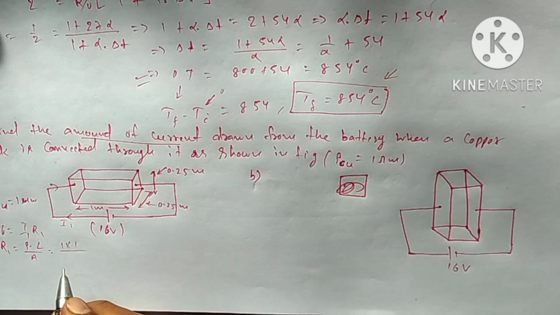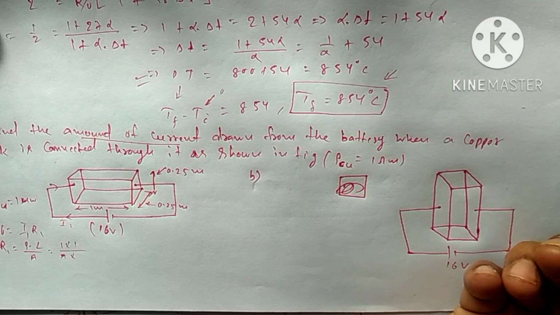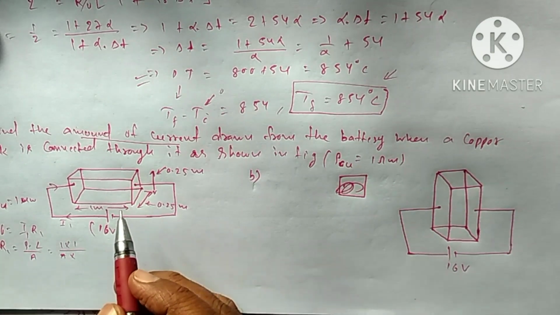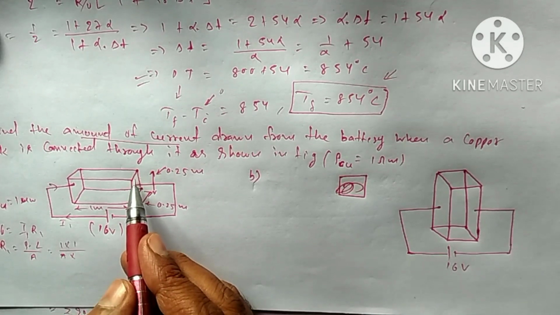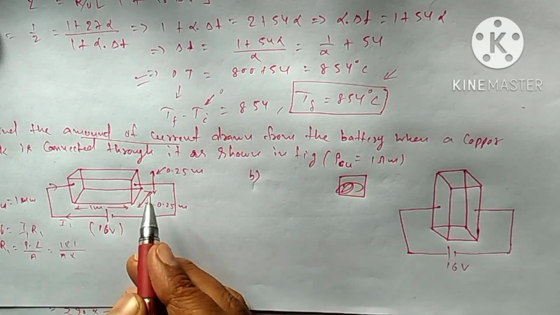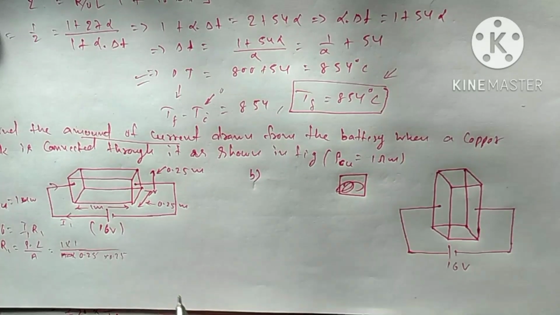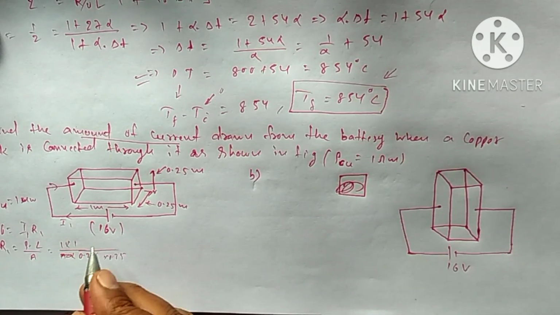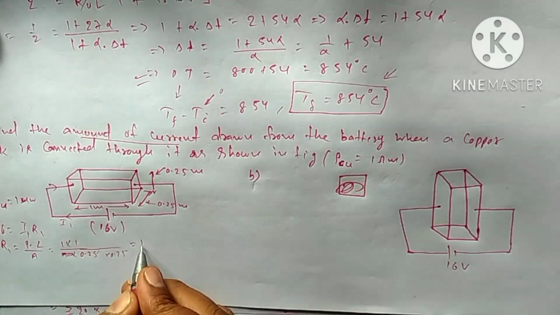Area is pi r square, but sorry, don't use that formula here, because it looks like a cube. So we can find the area by length multiplied by breadth, 0.25 multiplied by 0.25.